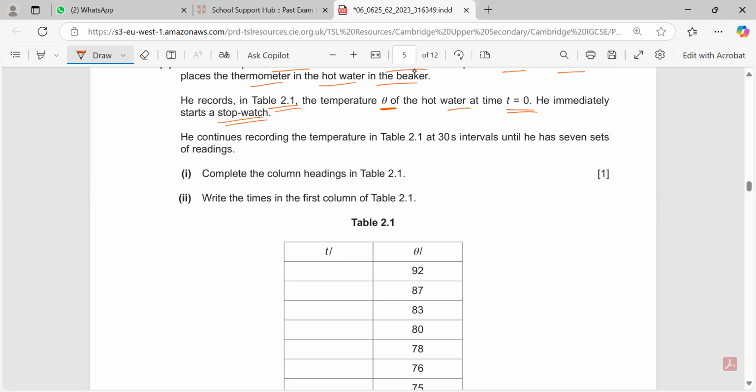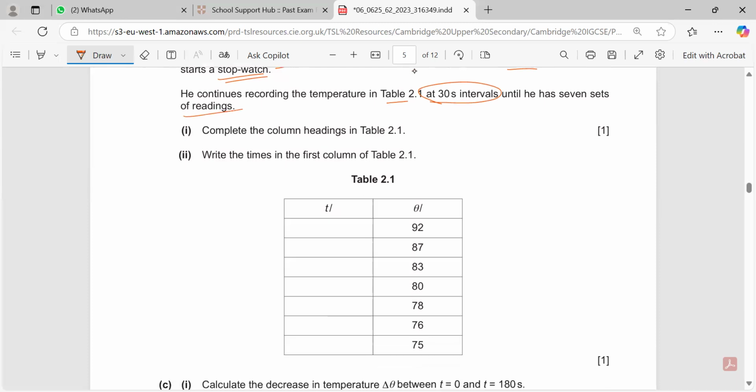So he continues recording temperature in table 2.1 at 30 second intervals until he has 7 sets of readings. Complete the column headings in table 2.1. Here time is in seconds, temperature is in degrees Celsius. Write the times in the first column of table 2.1.